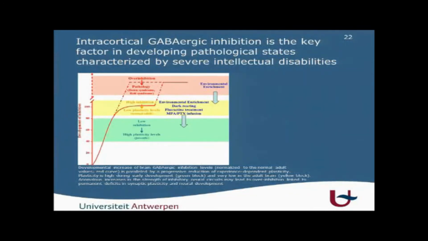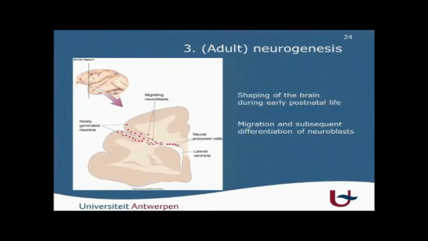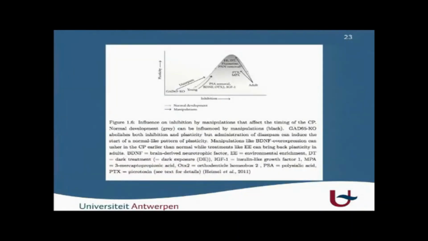This picture also shows that there could be some therapeutic efficacy by environmental enrichment. I will not go into this, but this is actually showing the same, and also that with some treatments you can modify this plasticity.